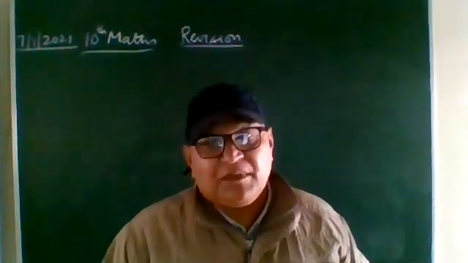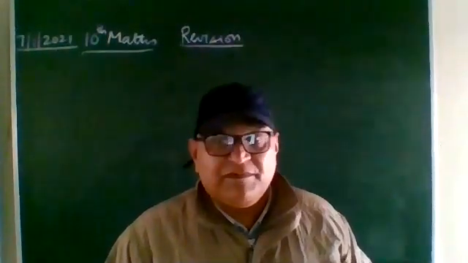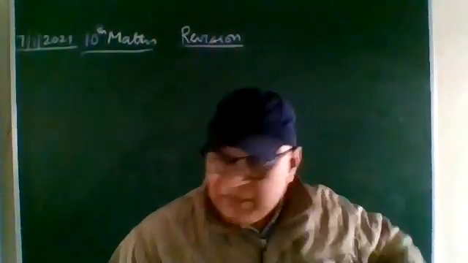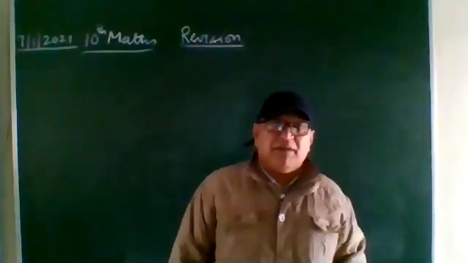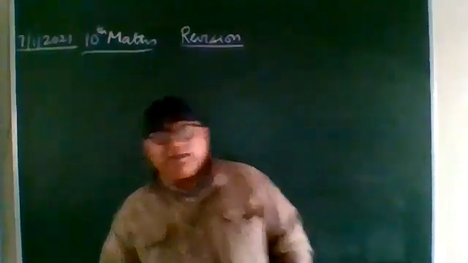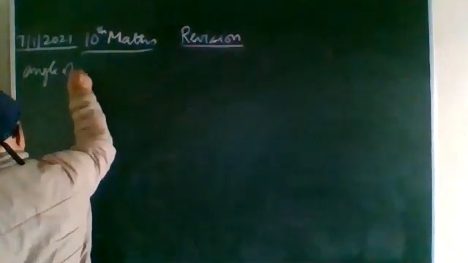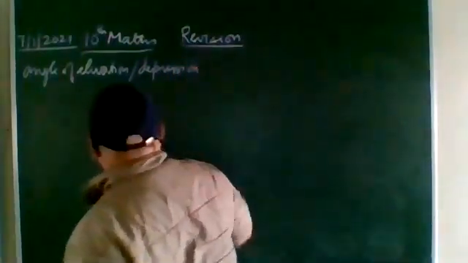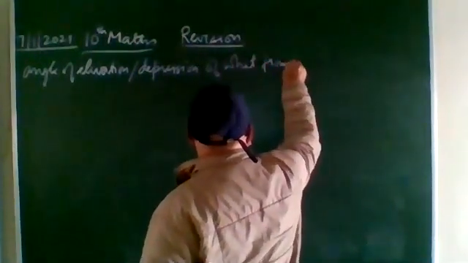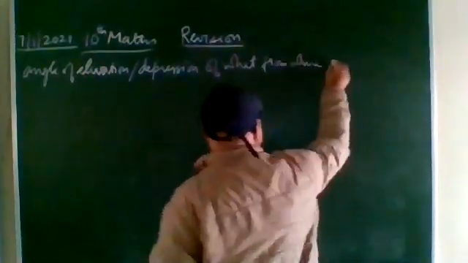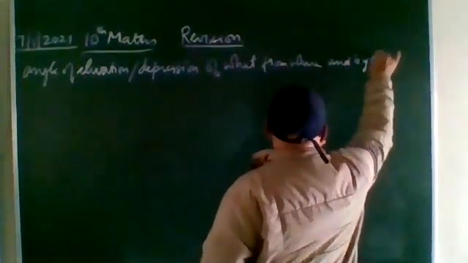But before that, when you are reading the question of height and distance from the question paper, what you have to keep in your mind is like this: first, angle of elevation or depression, angle of elevation, depression of what, from where, and by how much.